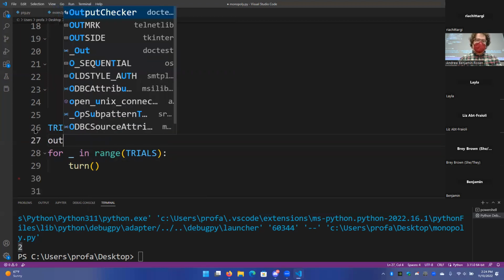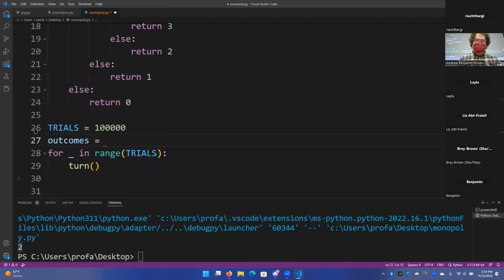We would have outcomes is equal to, and then we can either leave it blank and then add them in as we get our results, or we could pre-program in, we've got 0 zeros, 0 ones, 0 twos, right? And 0 threes.